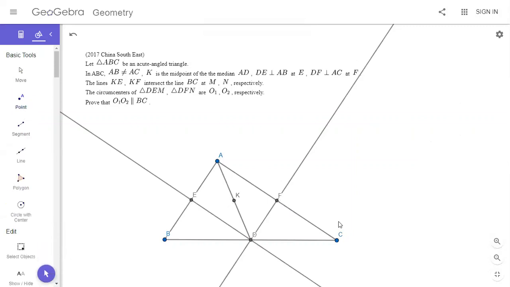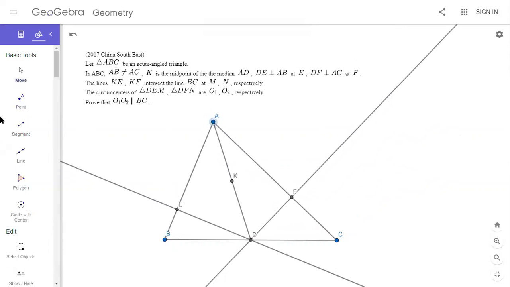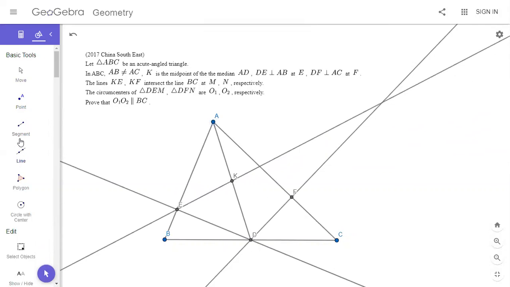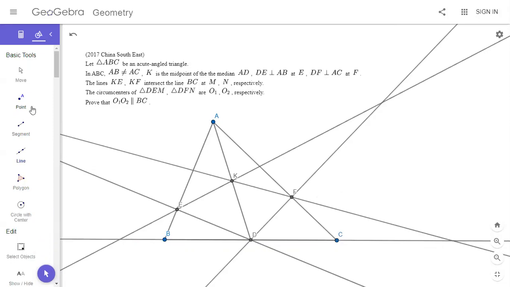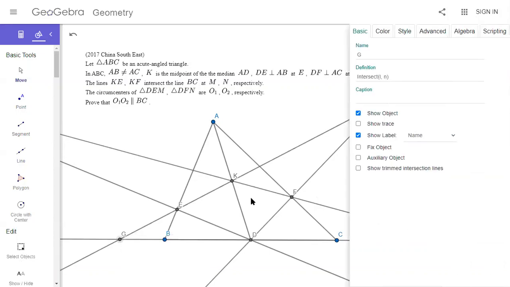Okay. KE and KF. We want to see where KE and KF intersect BC. Let's call them M and N.